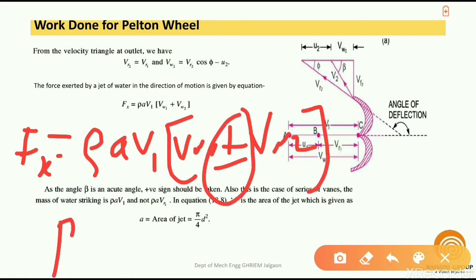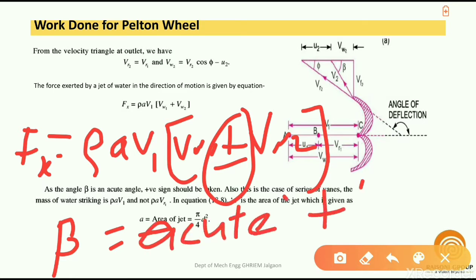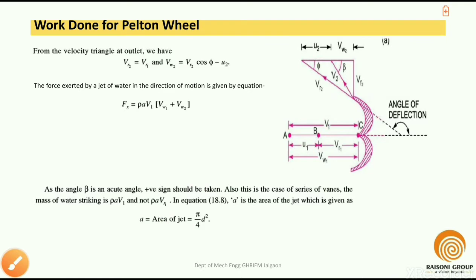If angle beta is acute, we take it as positive. Here the angle beta is acute, hence we have taken it as positive. If the angle beta is obtuse, then we take vw1 minus vw2.